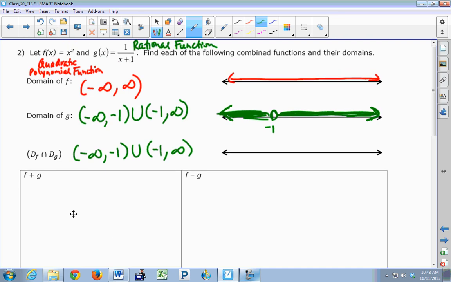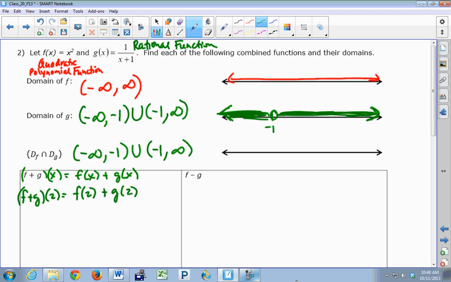All right. So let's now add some functions up and subtract and divide and multiply. So the sum, f plus g of x, is going to be f of x plus g of x. So let's try it first with a number, just so we can see how we do this if we actually had a number for x. So f of 2 plus g of 2.